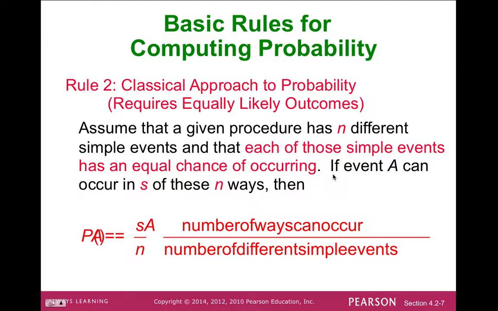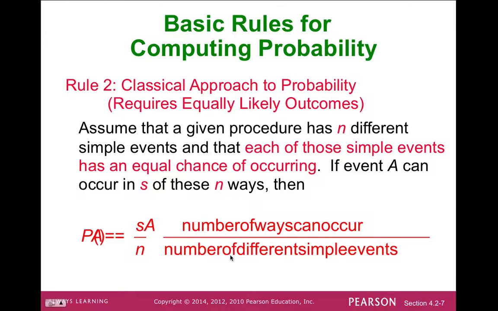And then if event A can occur in S of these n ways, then the probability of A equals the S number of ways that A can occur divided by the number of different simple events.